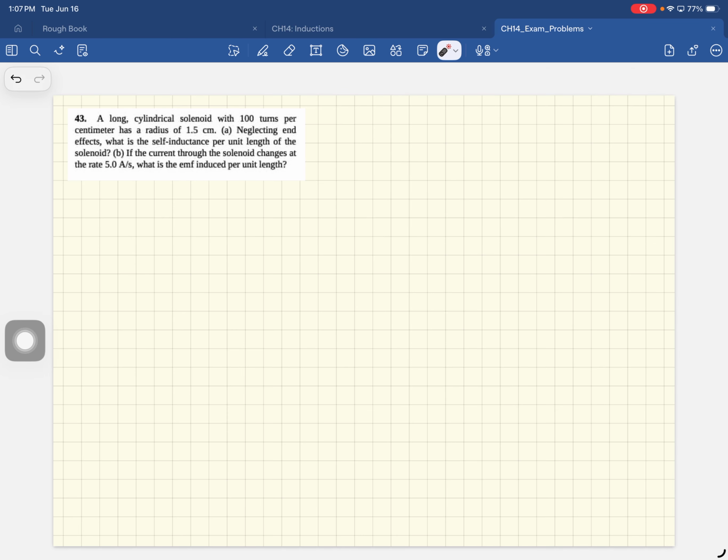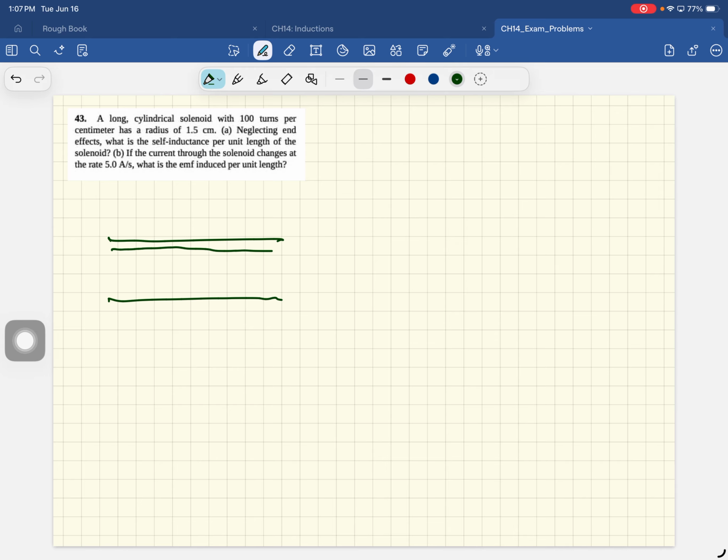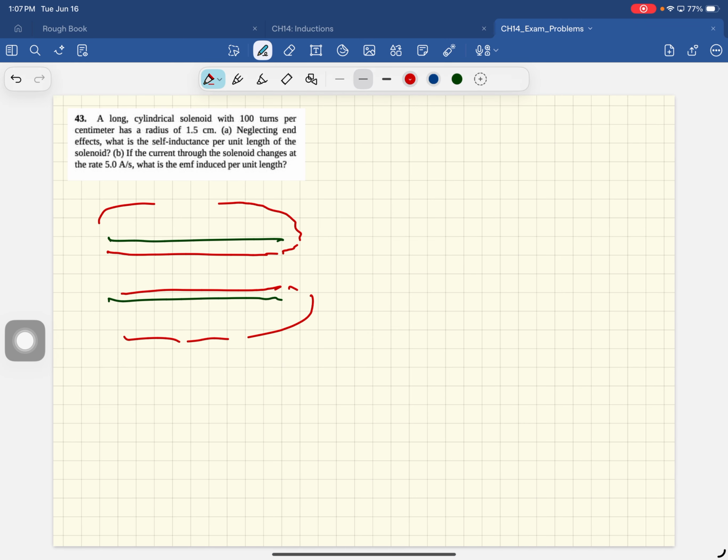So L is twice the energy divided by i squared. And so joules divided by ampere squared is a Henry.